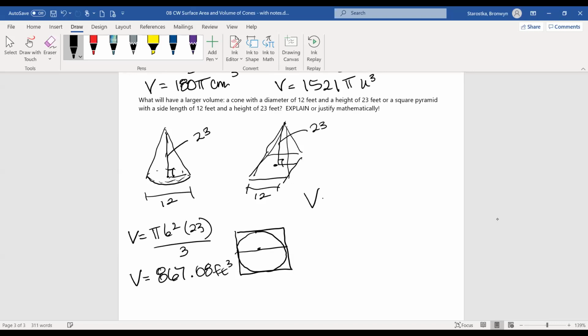Volume. Remember, that's going to be the area of the base times the height divided by 3. The base is the square, so 12 squared times the height of 23 divided by 3. Our volume here, 1,104 feet cubed. It's going once.